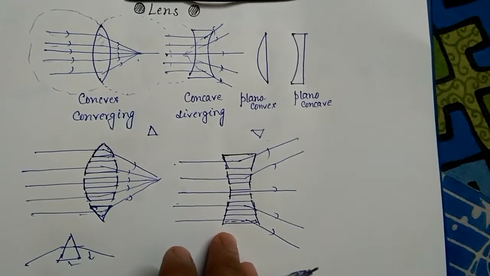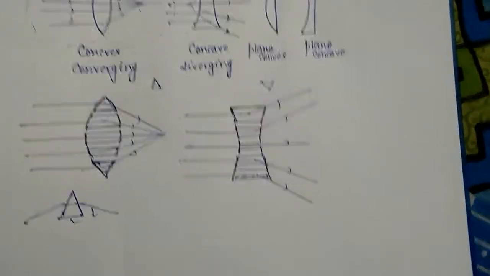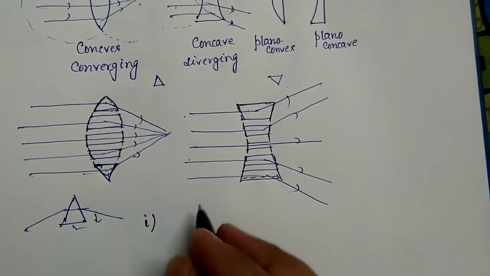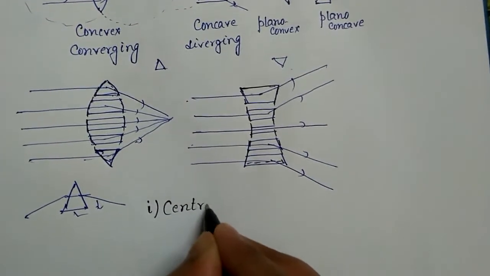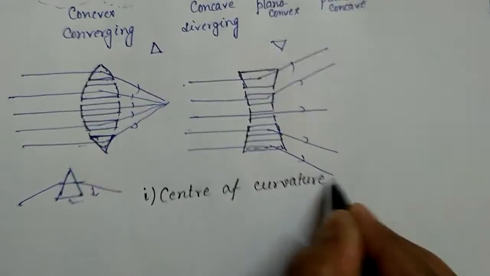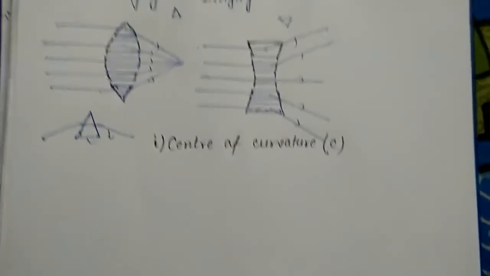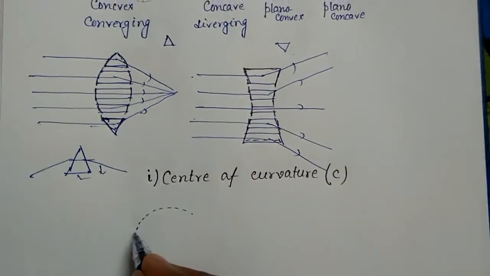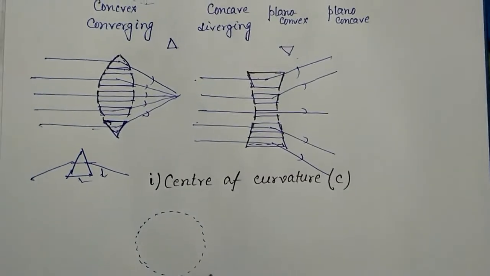Is it clear? Okay. Now we shall read about the technical terms related to lens. The first thing we have to know is the center of curvature, and we denote it by the symbol C. Let's say this is a sphere, and here is another sphere.